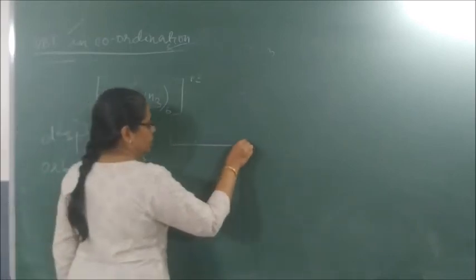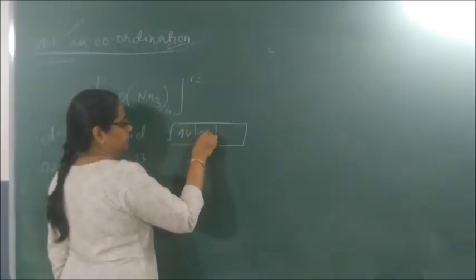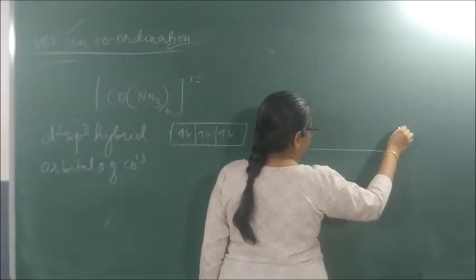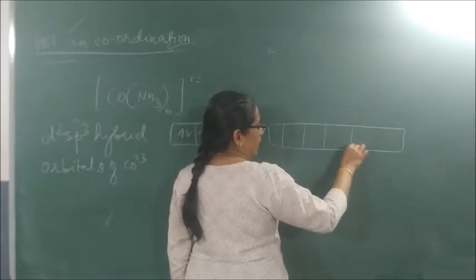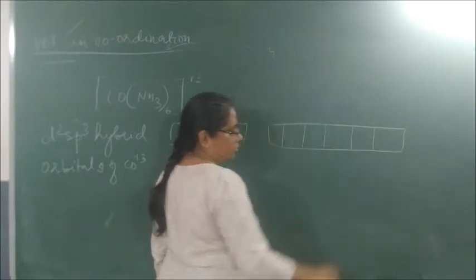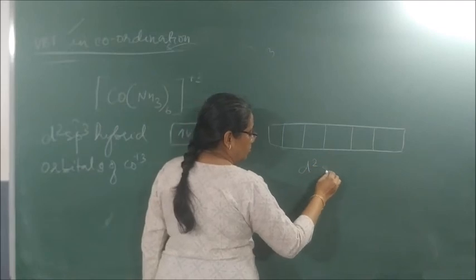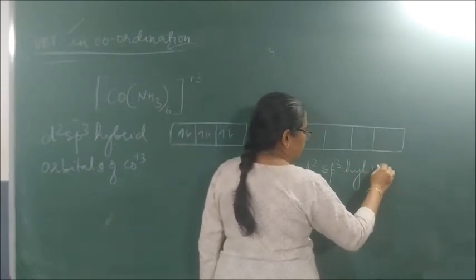What is it? We have 3 orbitals of d, and then we have a big orbital of d, s and p. So this is the hybridized orbital, d2sp3 hybridized orbital.